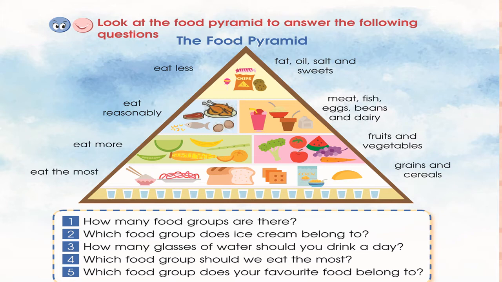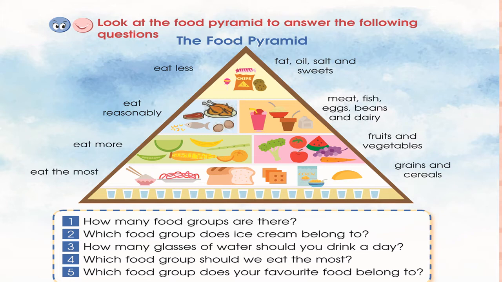The first thing inside the pyramid, fat, oil, salt, and sweets. The second type of food inside the pyramid: meat, fish, eggs, beans, and dairy. The third type of food inside the pyramid: fruits and vegetables. The last type of food in the bottom of the pyramid: grains and cereals.